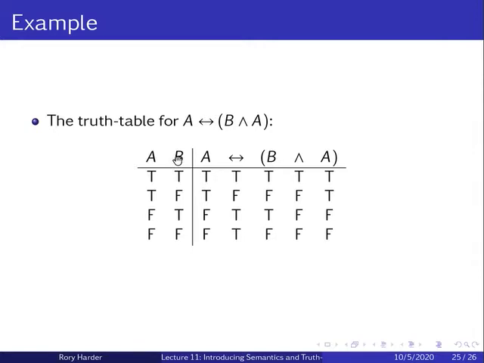So what we have done is list on the left-hand side the 2 atomic sentence letters which make up the whole sentence A, if and only if B and A. And then we list all the possible combinations of truth values for A and B.